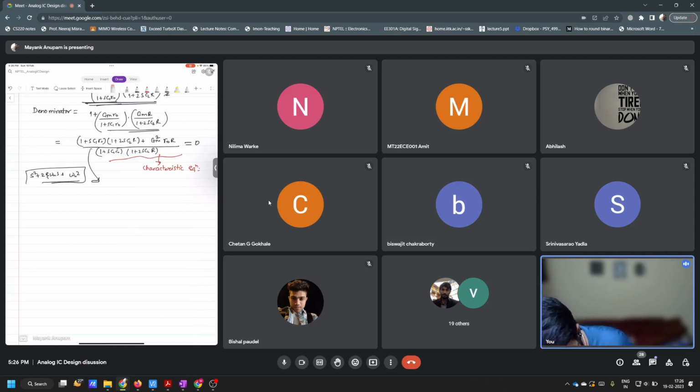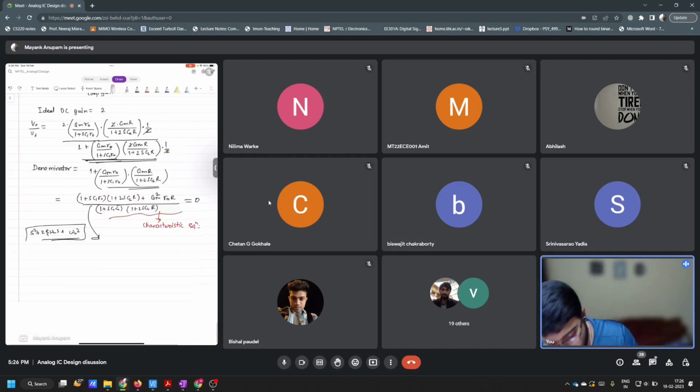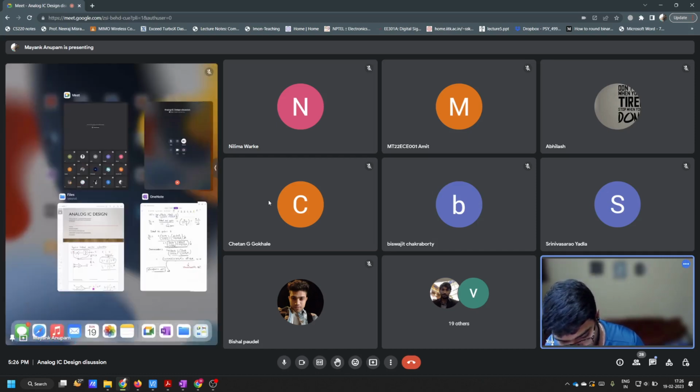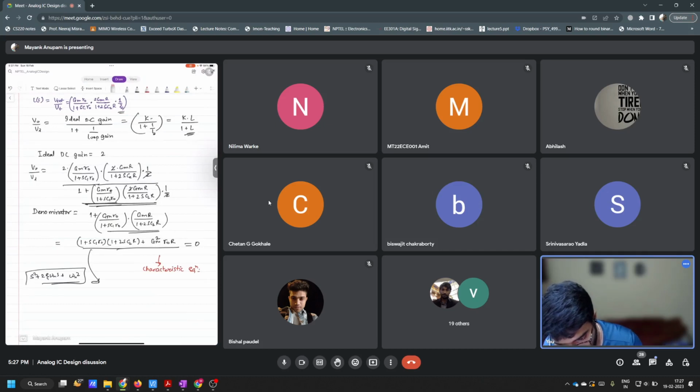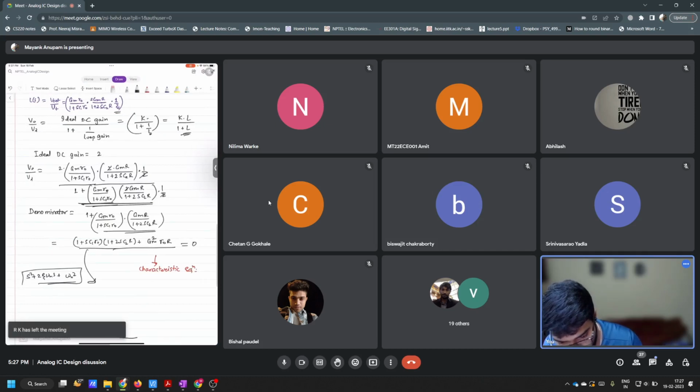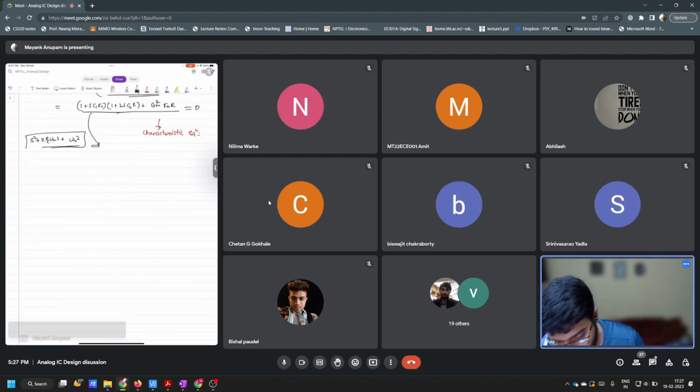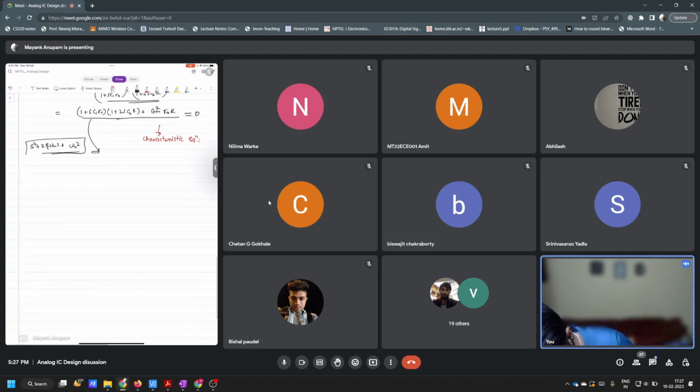Let's remove this part, it doesn't matter, because this denominator part will simply multiply with 0 and become 0. No need to consider this. So I'll just erase this, and let's expand it.